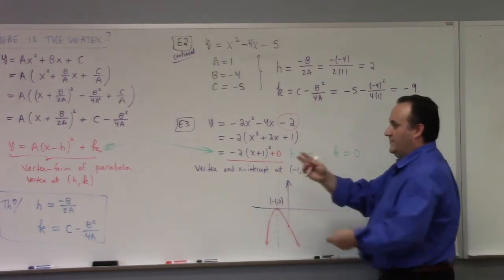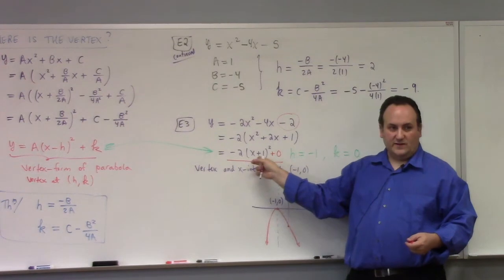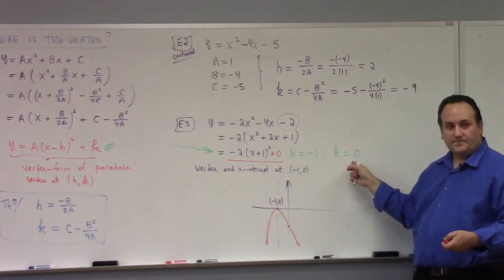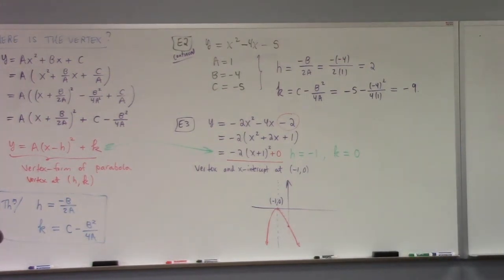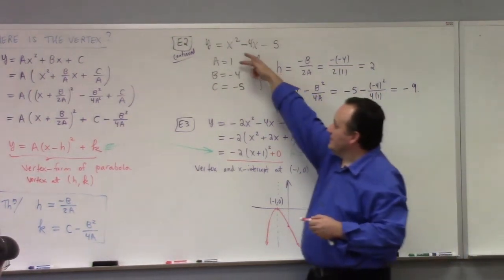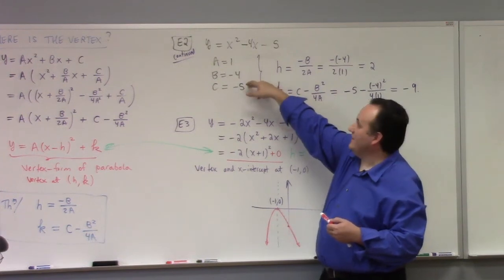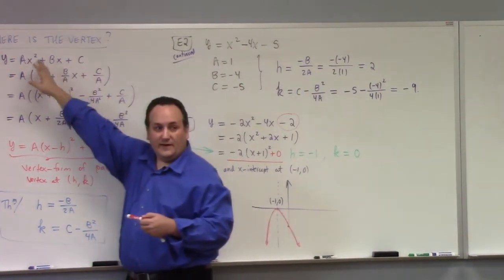The pattern is that you've got minus a minus 1 here, which makes h equal to minus 1, plus 0, that makes k equal to 0. It's the same thing I'm doing when I tell you a is equal to 1, b is equal to minus 4, c is equal to minus 5. I'm matching this expression with the generic form to identify what a, b, and c are.